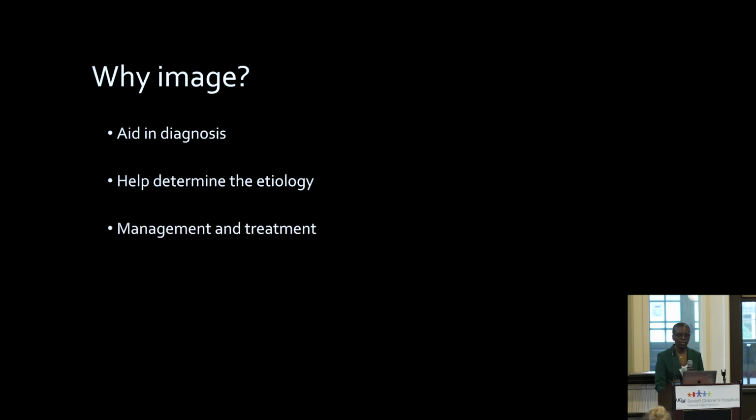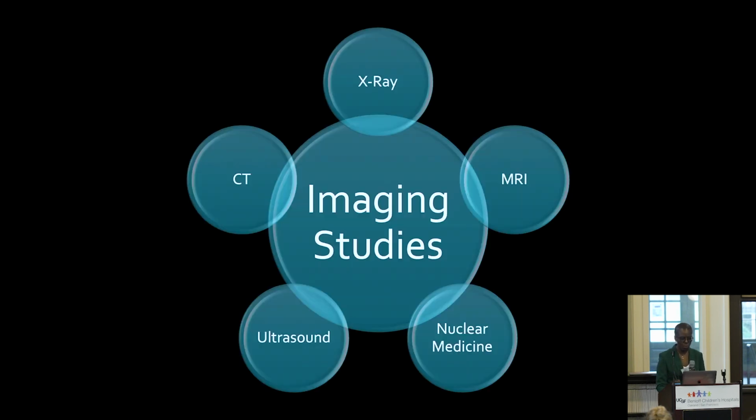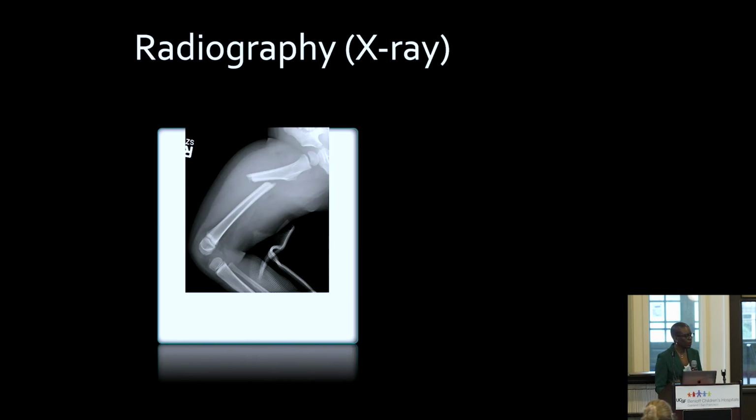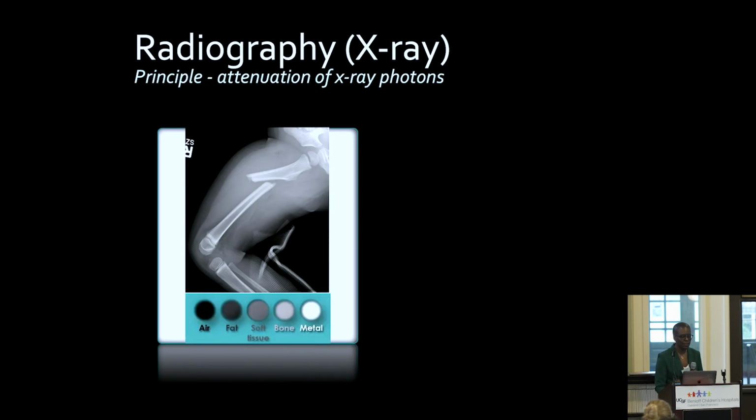Why do we image? Imaging aids in obtaining the diagnosis, helps us determine the etiology of the limping child, and guides management and treatment. First I want to briefly talk about the different imaging modalities: X-ray, ultrasound, CT, MRI, and nuclear medicine, with their strengths and weaknesses. X-ray is based on the principles of the attenuation of the X-ray photon.